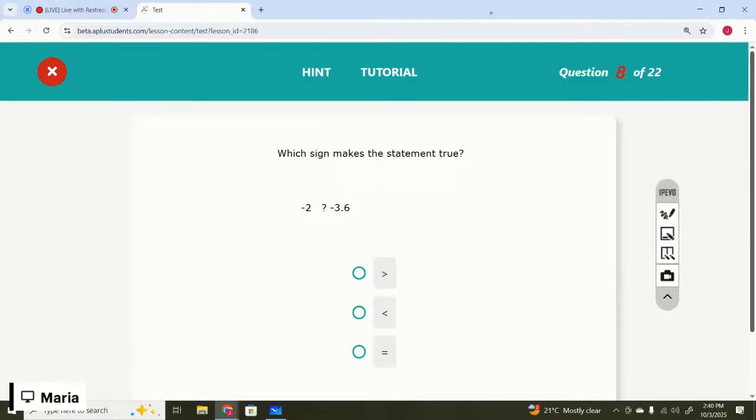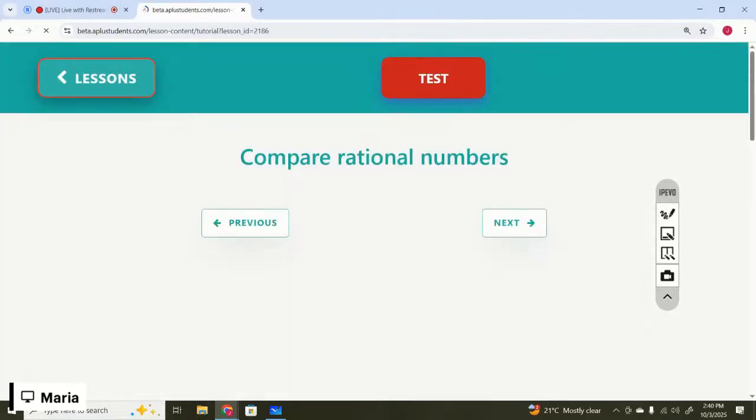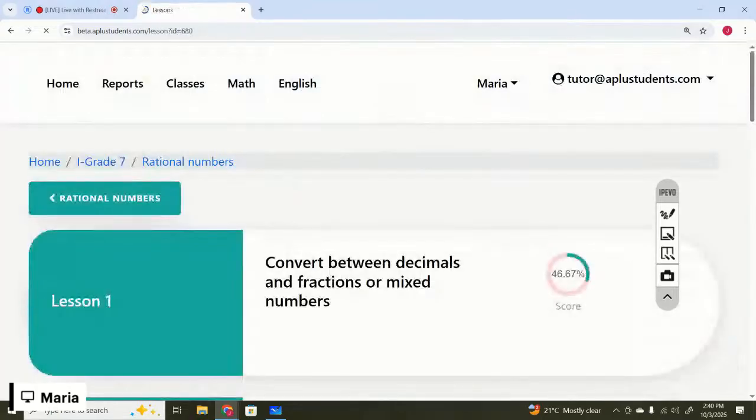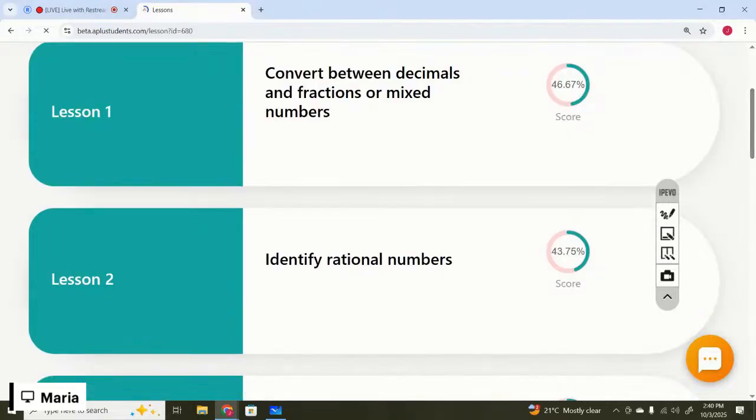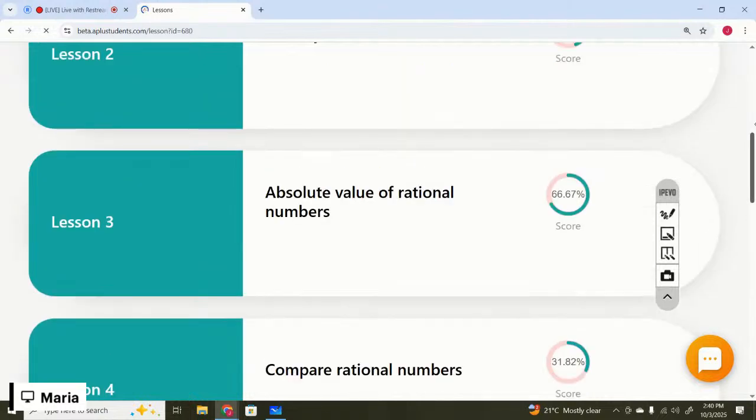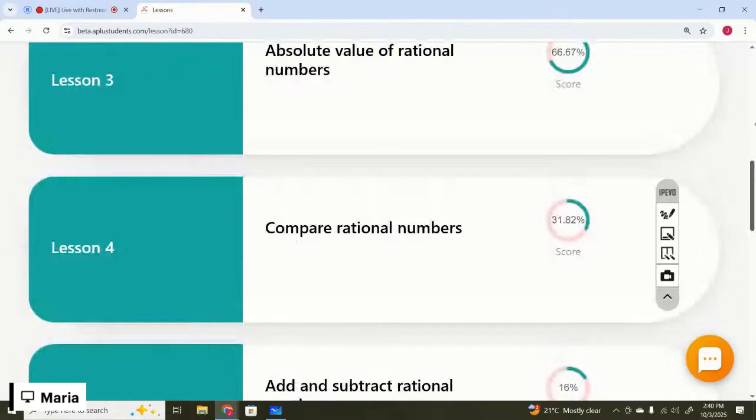Okay, you can complete the lesson by yourself later today. So we were working on grade 7 math. The chapter we were working on is rational numbers. The lessons we have covered today are convert fractions or mixed numbers, identify rational numbers, absolute value of rational numbers, and compare rational numbers.